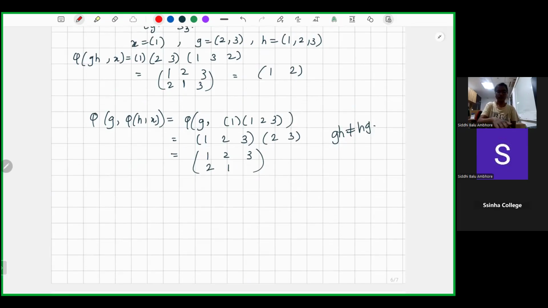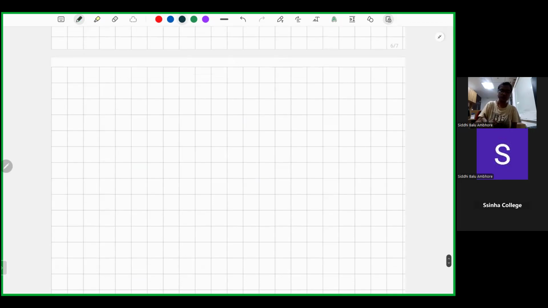And now the next question, it is related to a similar kind of question, and it is question 3.